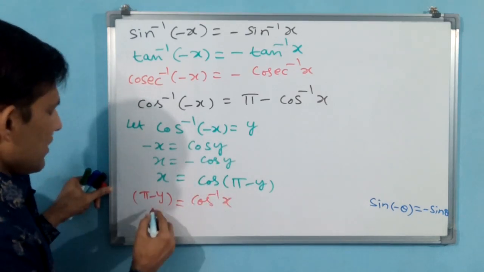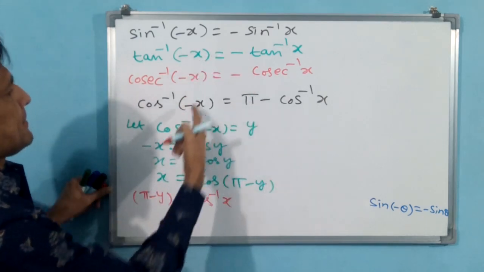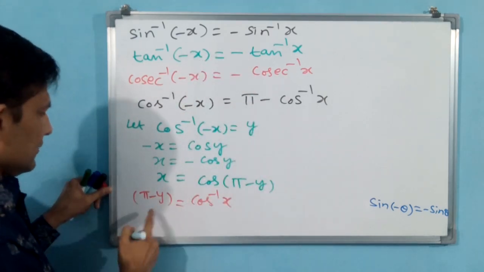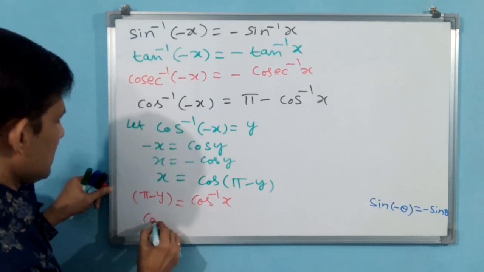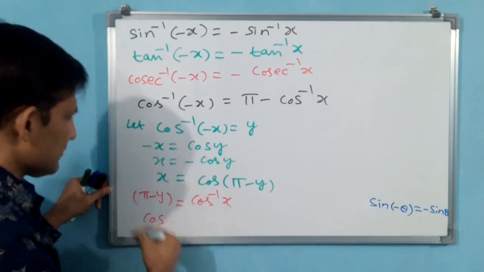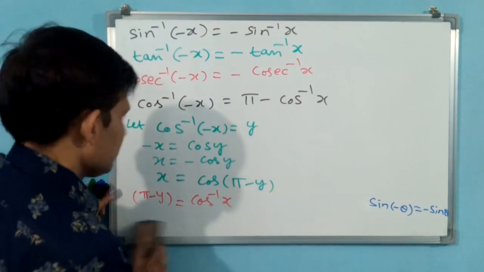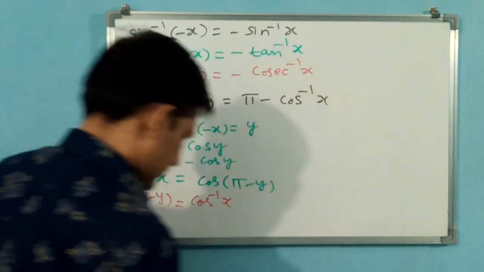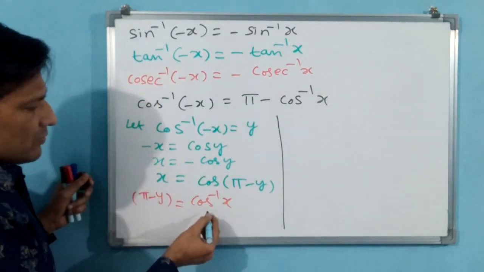Now, pi minus y is equal to cos inverse x.